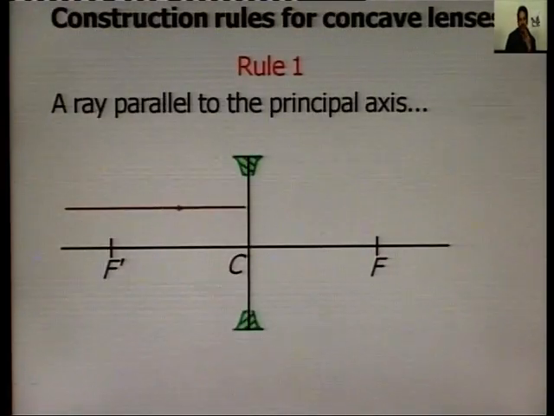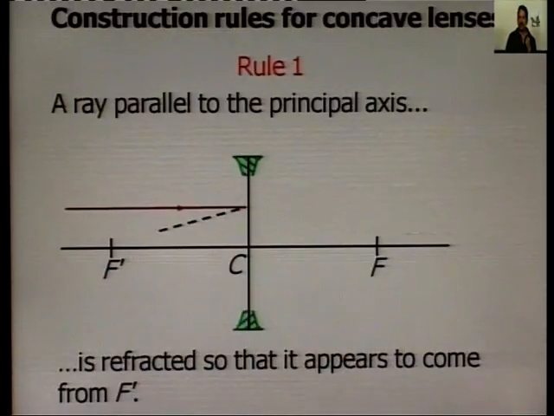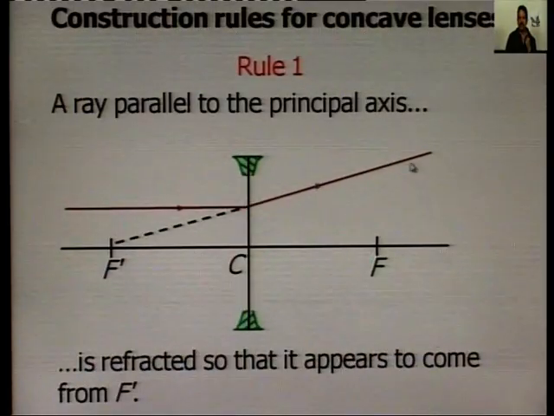Next, we will discuss the construction rules for concave lenses. First rule, a ray of light parallel to the principal axis after refraction from the lens will be deflected away from the principal axis, and this ray of light will appear to be coming from the focal point.